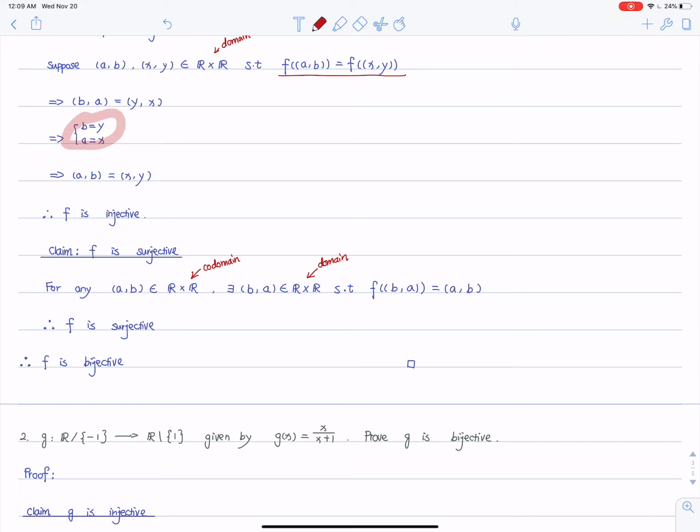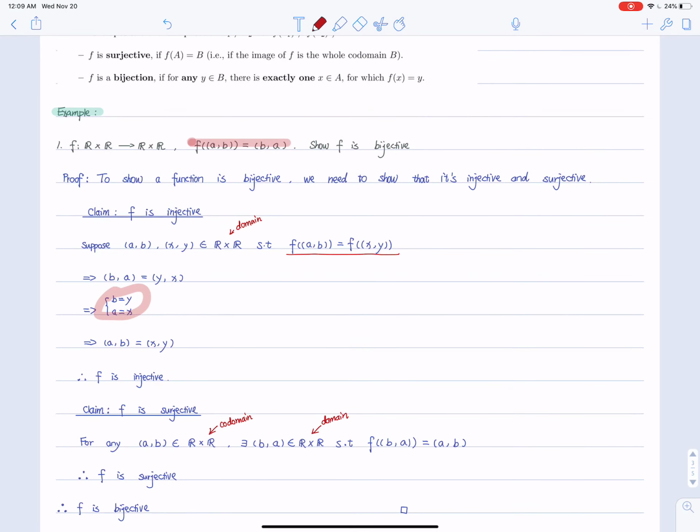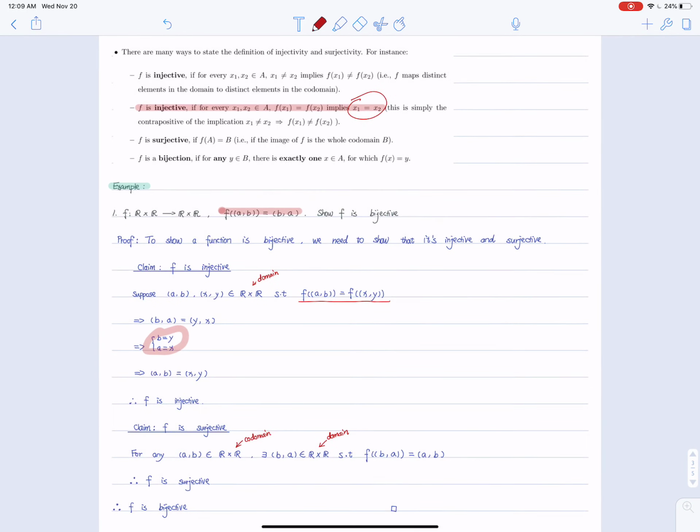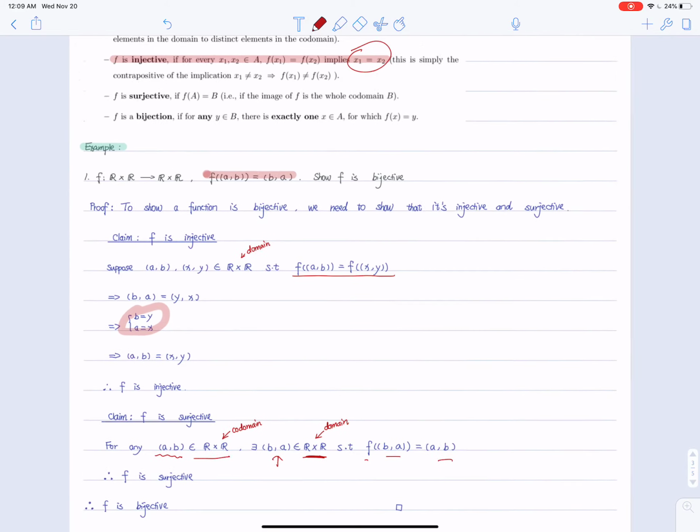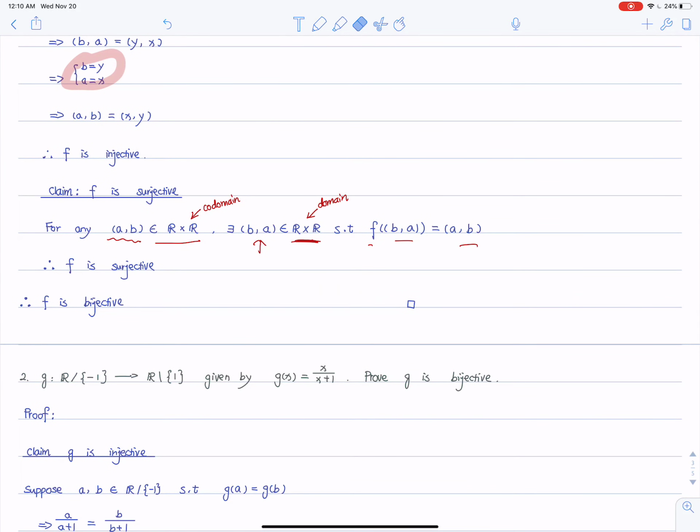I have this and I'm done. Why is that? Because I showed that for every y in my codomain, there exists at least one x in A, our domain, such that f of x equals y. That's exactly what I showed here. That is why we are done. So it's surjective.